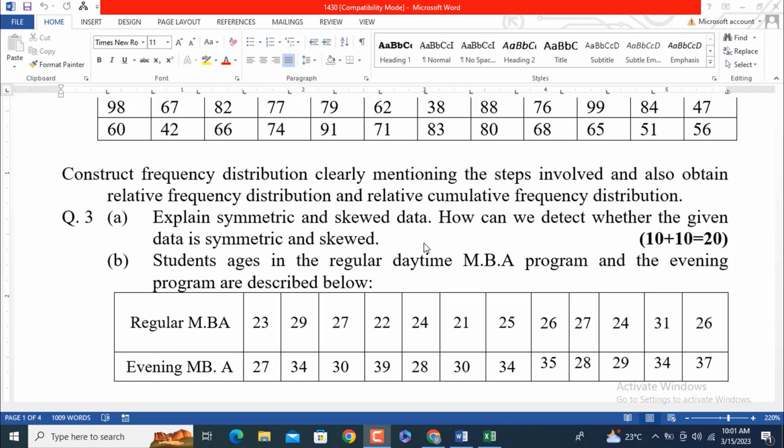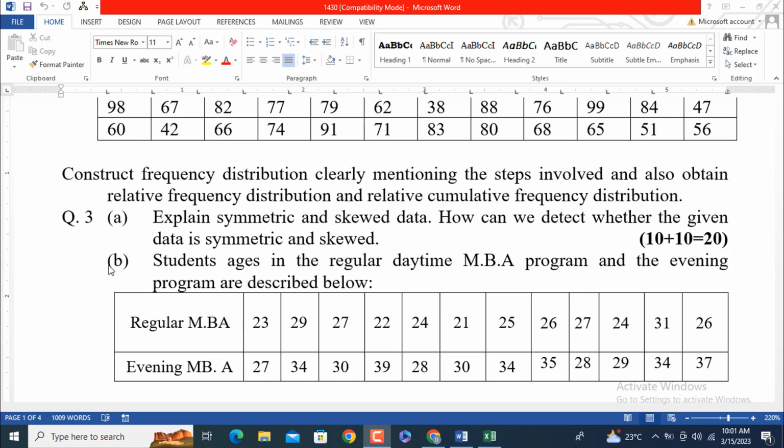On the basis of this condition or postulate, we are going to detect whether the data is symmetric or asymmetric. So let's move to question number 3, part B.